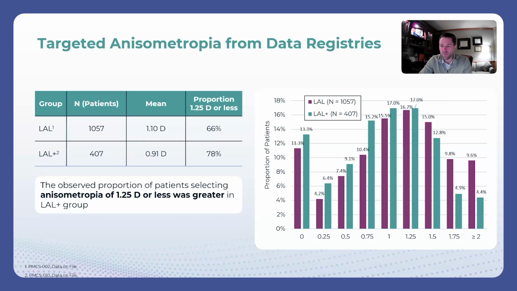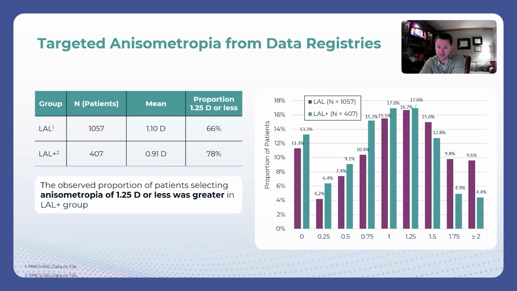Now, the one hypothesis that I had when LAL plus came out last year is, because you're getting more depth of focus, there are really two things we could consider. Are we going to have to go less myopic in the non-dominant eye to achieve a desired goal? Or can we go further and still retain depth perception?